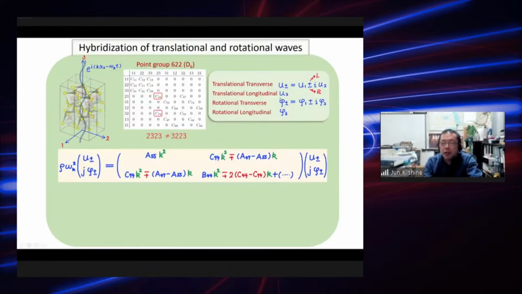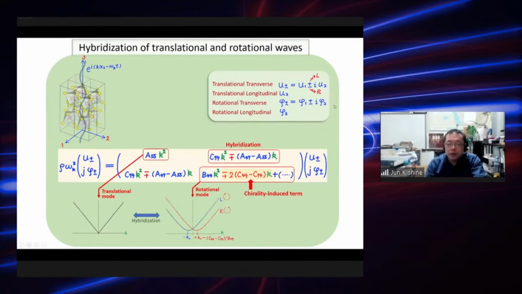Then I will skip the detail, but anyway, we can construct the equation of motion for displacement and rotational field like this. And what's the essential ingredient? The diagonal part has a k-square term. This is just like a usual phonon mode, acoustic mode here. But in this other diagonal part, there appears a Dzyaloshinskii-Moriya interaction like term in the phonon.